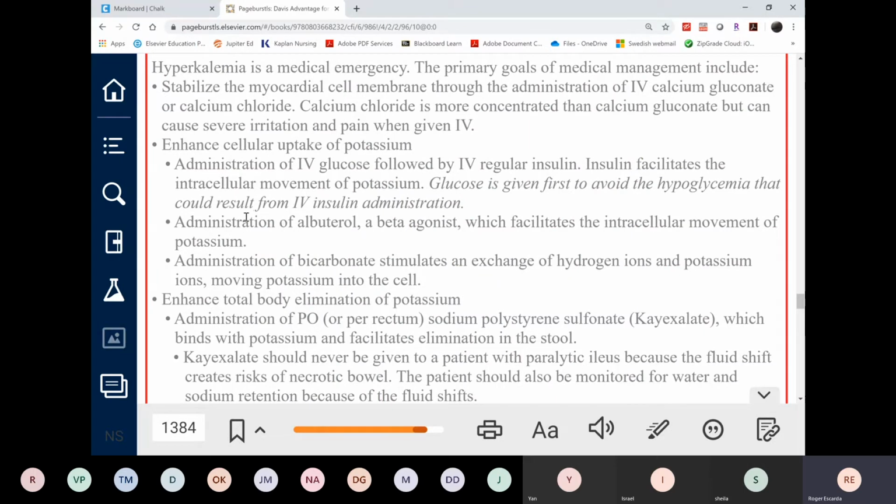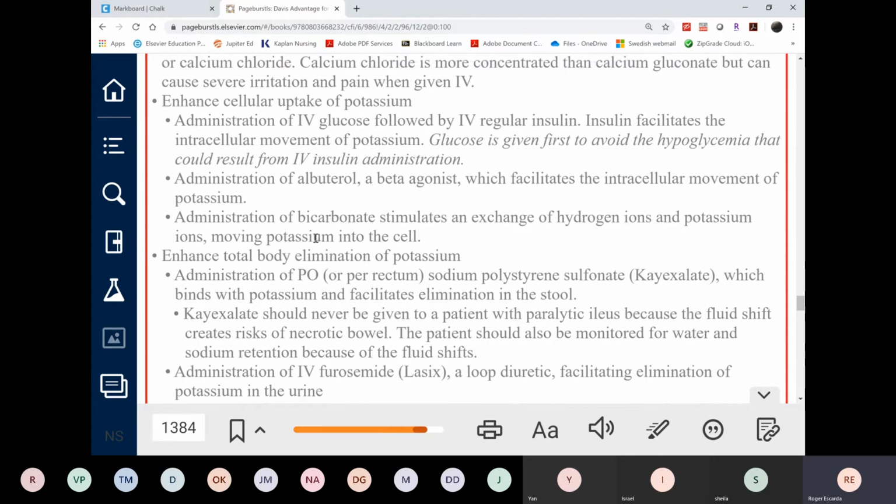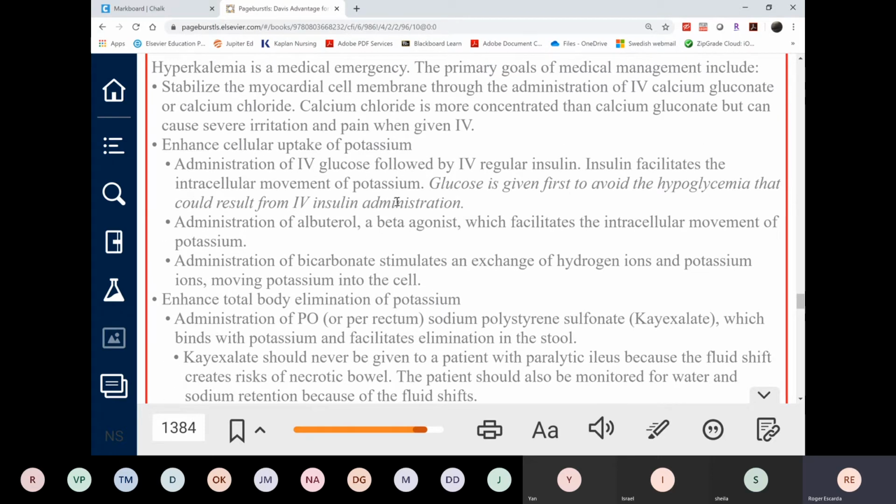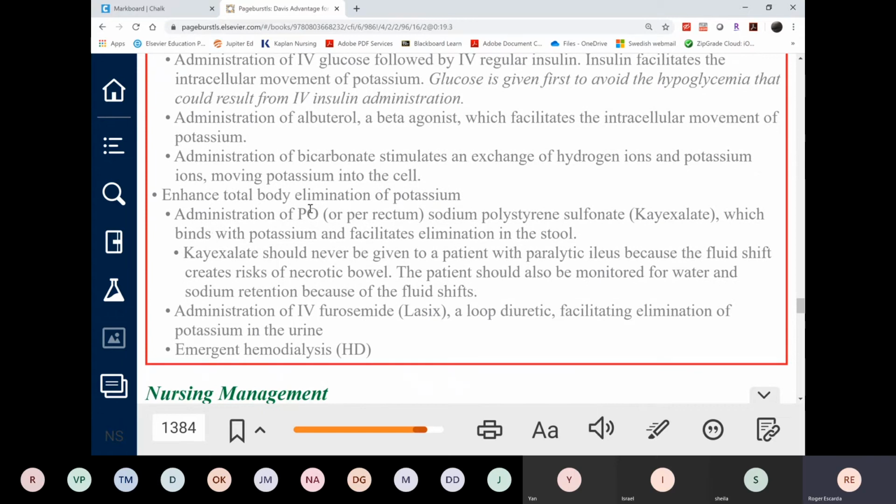So you'll administer 4 times the dose of albuterol, and we give calcium bicarbonate, which has the same effect as insulin with glucose.